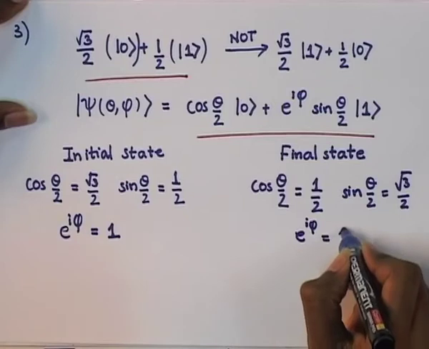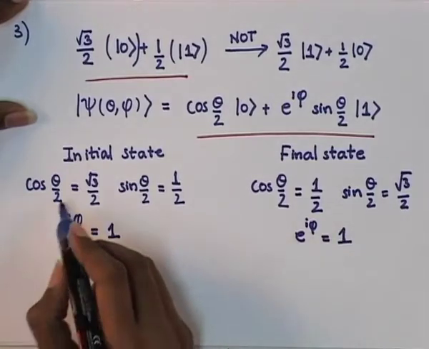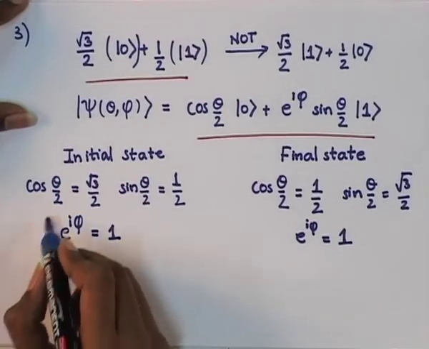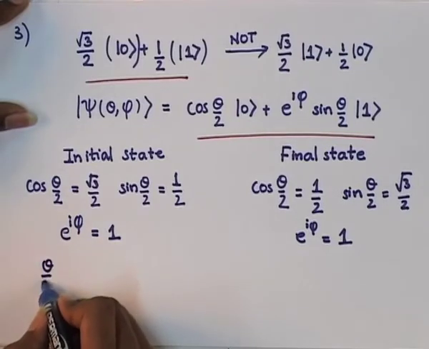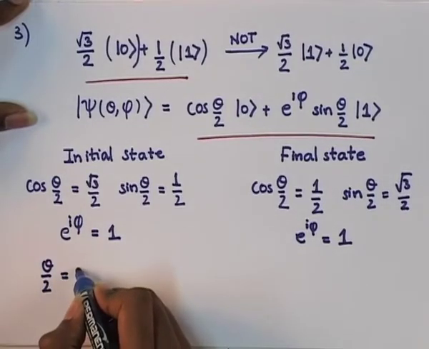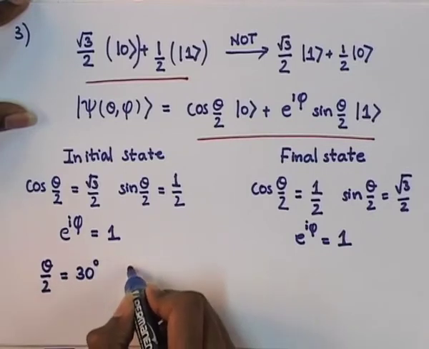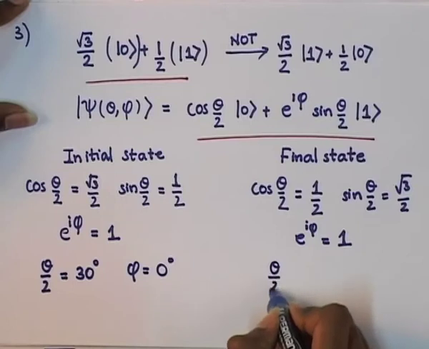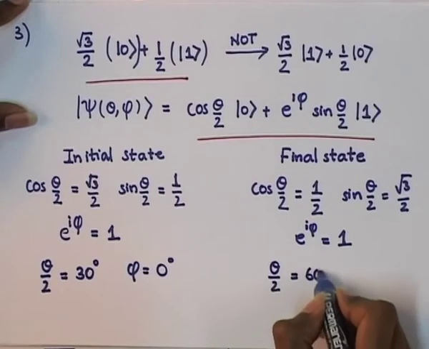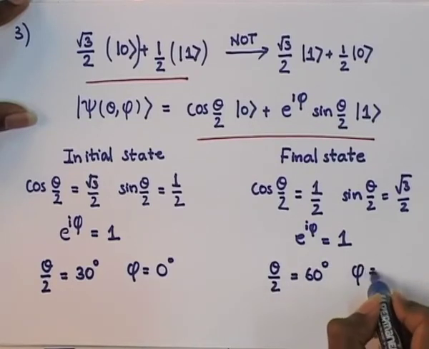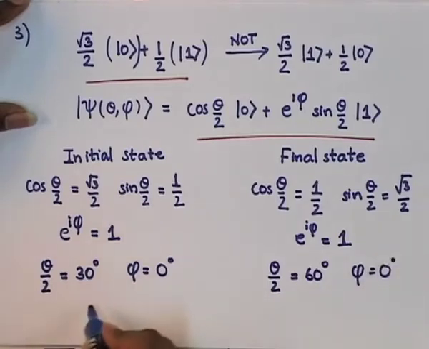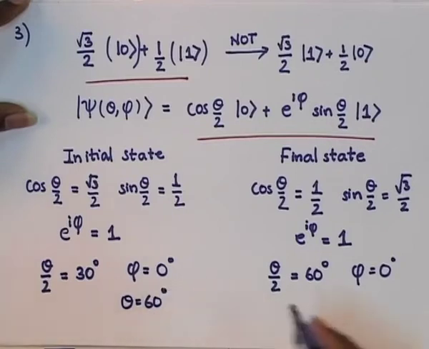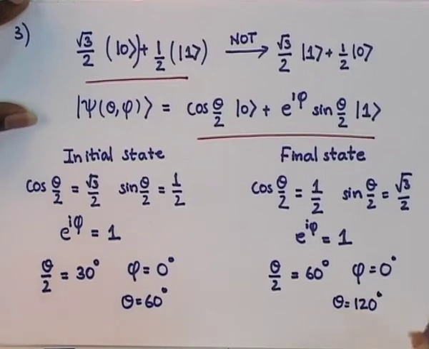So, from these equations we get to see that theta by 2 is 30 degrees and phi is 0 degrees, and here theta by 2 is 60 degrees and phi is 0 degrees. So, phi is 0 degrees and theta is 60 degrees for the initial state. In the final state, theta is 120 degrees and phi is 0.